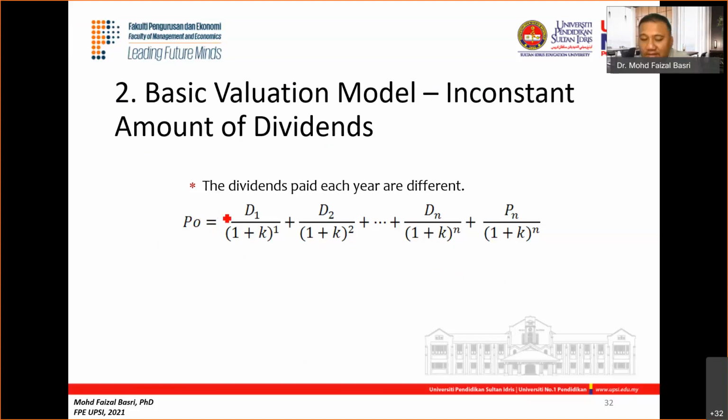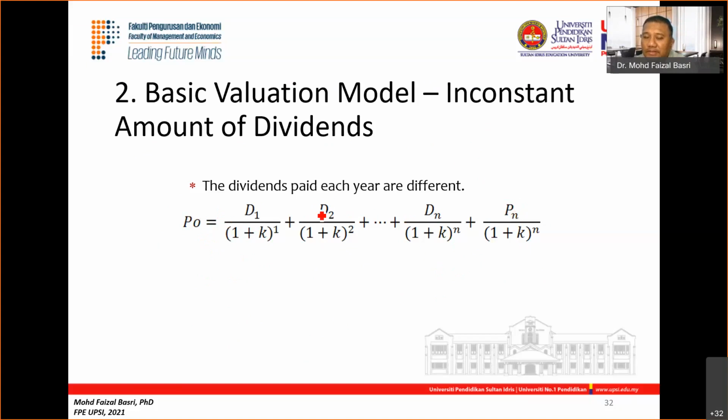You still use the same formula, but the unknown is the one at the back, PN. P0, the current price, will be given. The dividends will be given depending on the model, either constant or inconstant. But the one missing will be the price in the final year, PN.